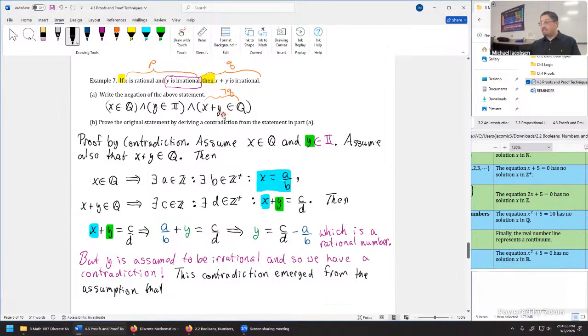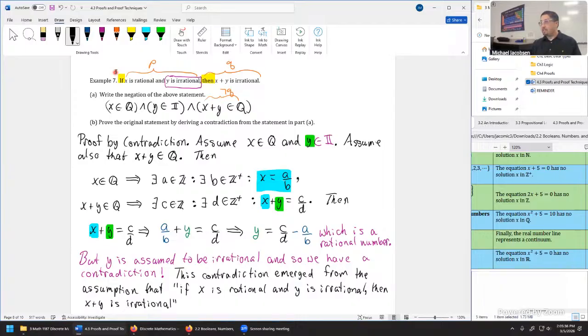It allowed us to assume that. So this contradiction really emerged from the assumption that if X is rational and, let me fix my spelling, Y is irrational, then X plus Y is irrational.